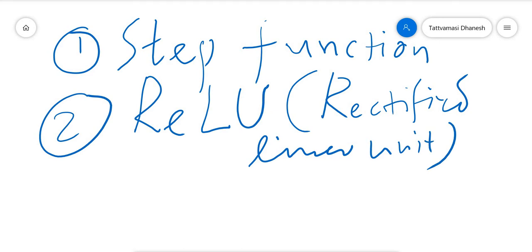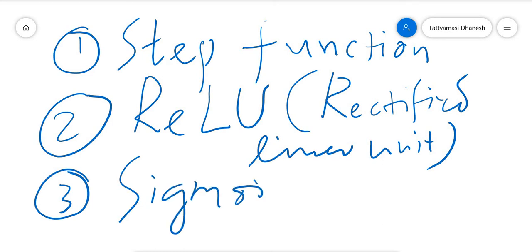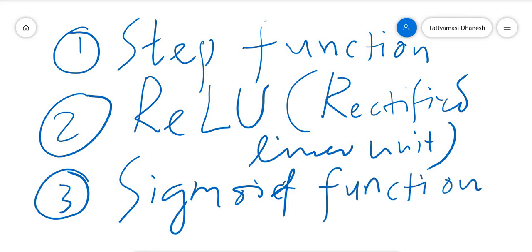Third one is the sigmoid function. These are all important, and we will discuss them.